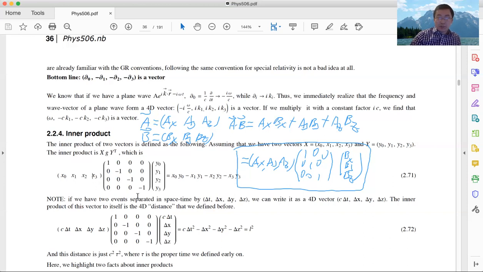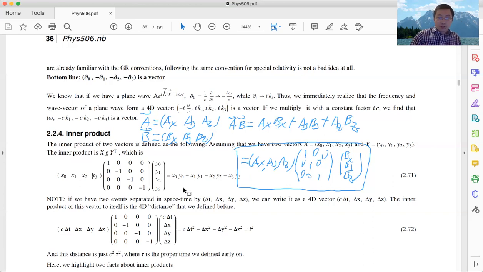The reason for this minus sign is that our metric tensor is 1, -1, -1, -1. That's the definition of the inner product for Minkowski space in special relativity. One can easily verify that this inner product of two vectors indeed gives you a scalar.